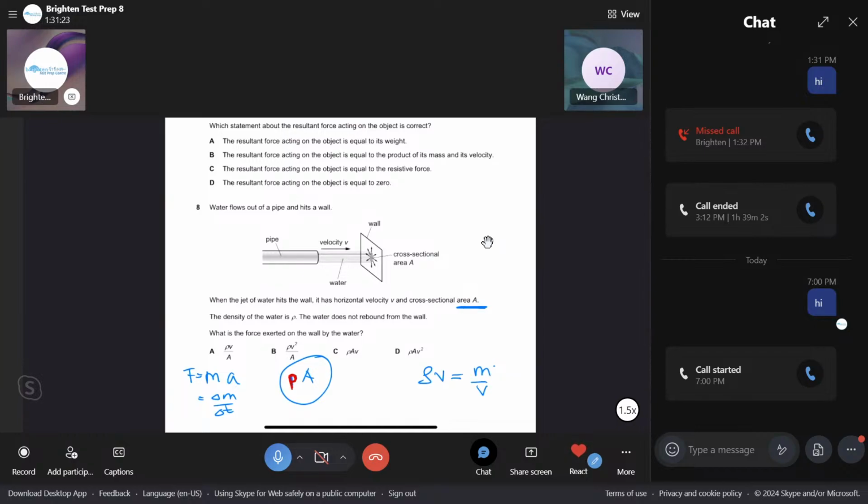So the question is: is it density times velocity, or density times velocity squared? In practical terms, what gives you density times velocity? If we multiply by another velocity, then it will become force over area. Force over area, huh? So, when you have density, it is mass over volume, right?